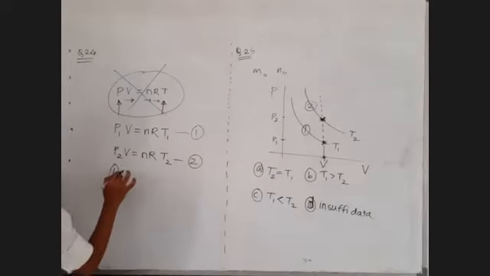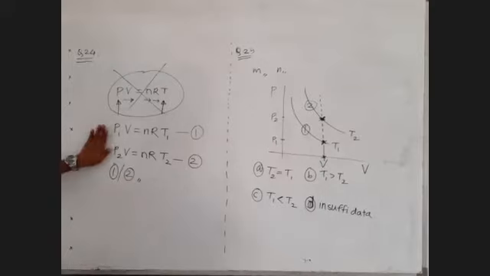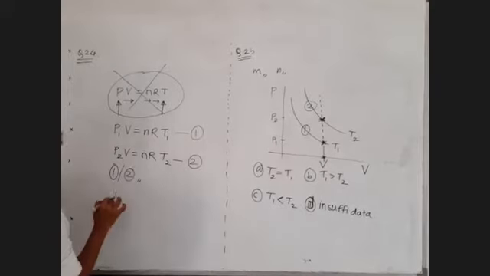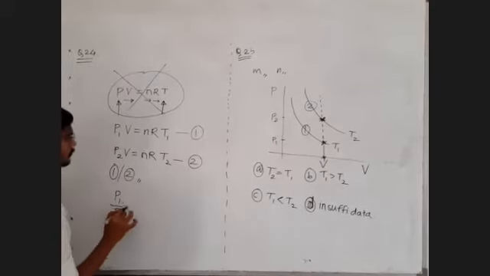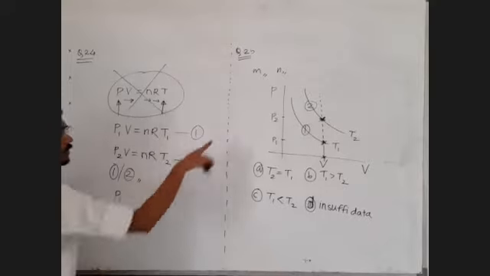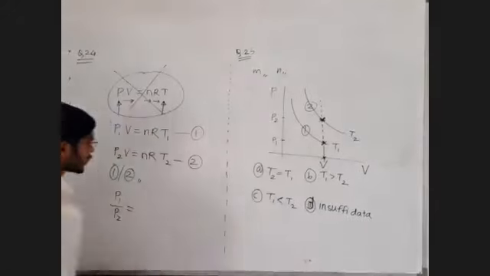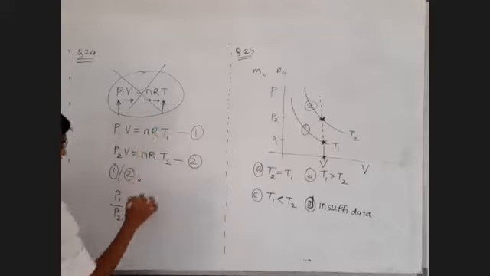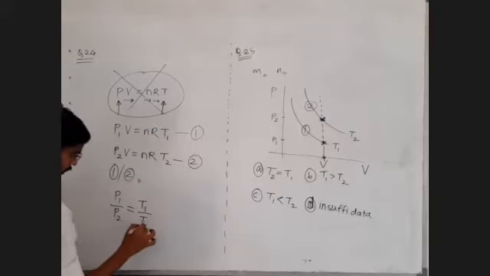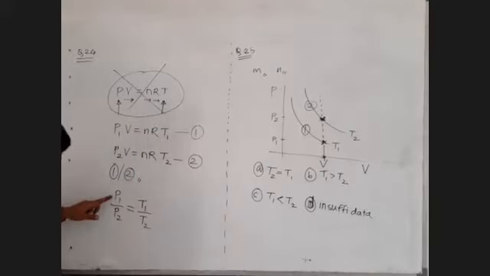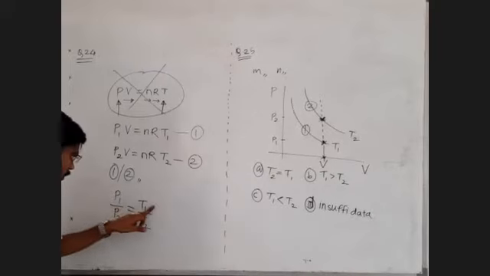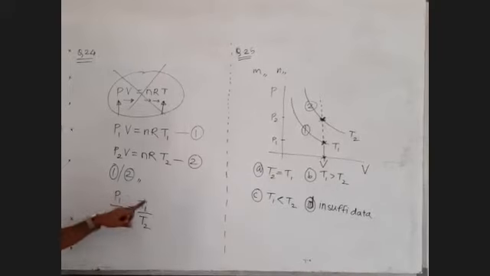Now take the ratio, equation 1 upon equation 2. A standard method: P1 upon P2. The nR cancel, since the number of moles are not changing for both the curves, so that becomes T1 upon T2. If this numerator is more, this numerator must be more. If this numerator is less, this numerator must be less.